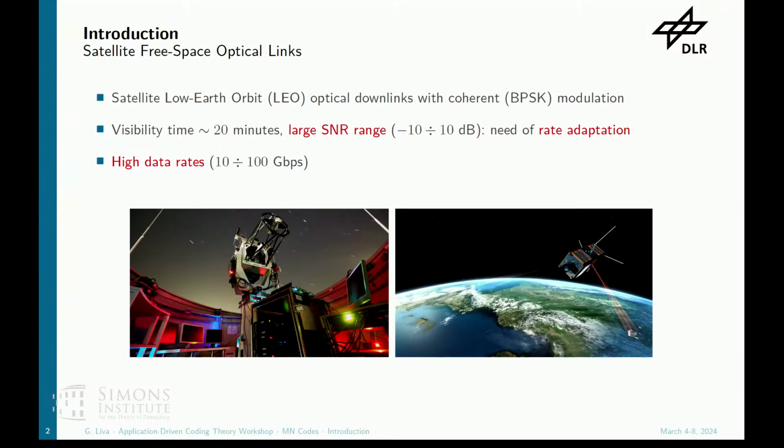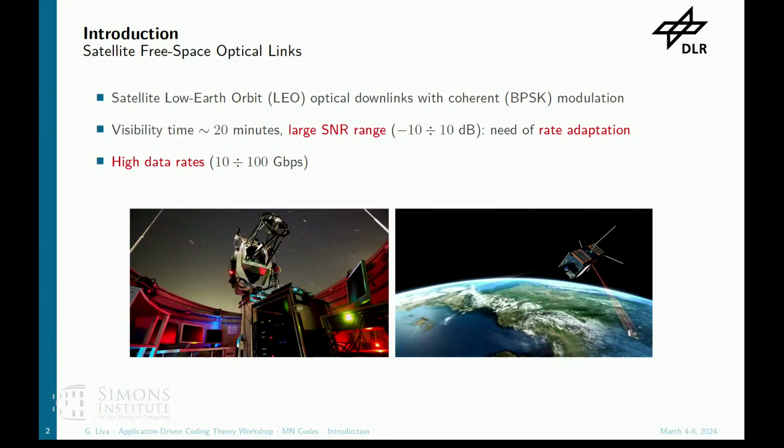The second application scenario, on which we are definitely more familiar due to our historical background as a space research center, is free space optical links, especially in combination with low Earth orbit satellite systems. So satellites that orbit at some 100 kilometers from the surface. They typically have a visibility time in the order of tens of minutes. So this is the time you see the satellite passing through.